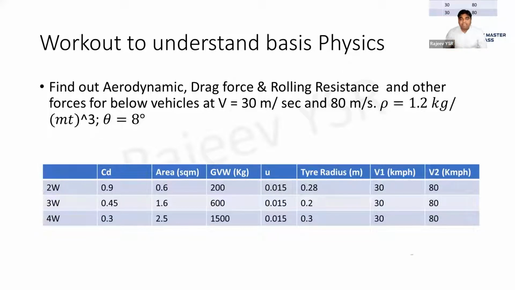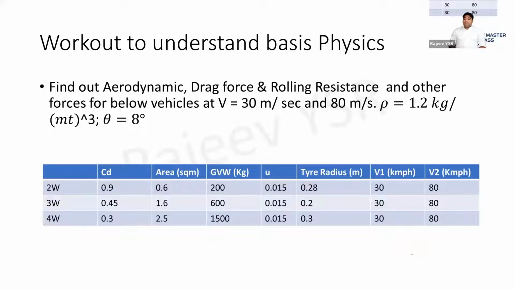Then the frontal areas I've given are 0.6 square meters, 1.6 square meters, and 2.5 square meters for the four-wheeler. The gross vehicle weight is around 200 kg, 600 kg, and 1500 kg. Mu, the coefficient of friction, is 0.015 for all of them. Tire radius for two-wheelers is 0.28 meters, three-wheelers 0.2 meters, and four-wheelers roughly 0.3 meters.